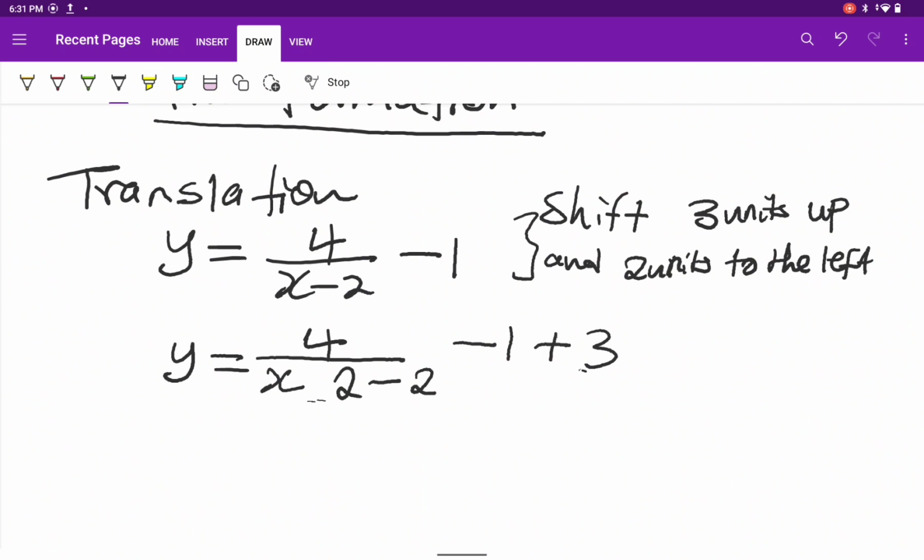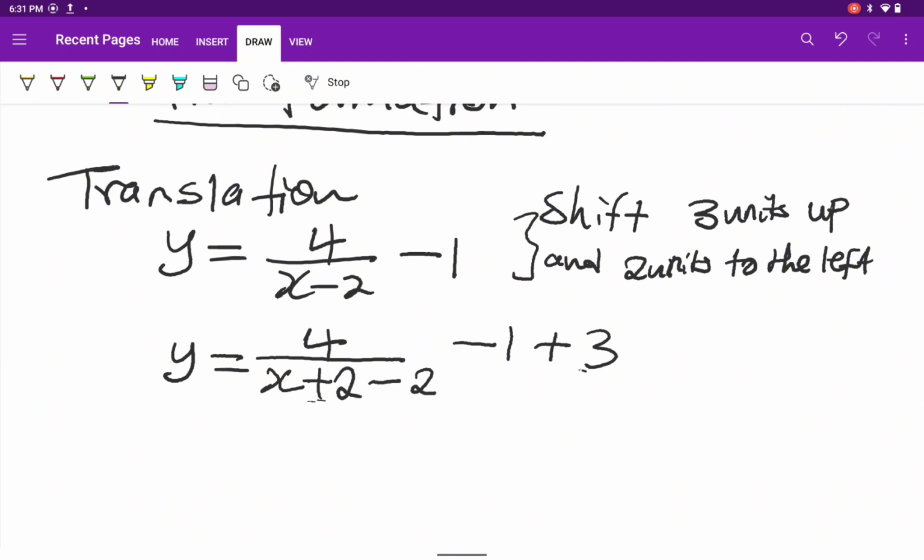Now to the left, surprisingly, we also have a plus. In other words, when it's on the equation, if they say to us go to the left, we must add, but if they say go to the right, we must subtract, so that when we work it out, we are able to solve it properly.